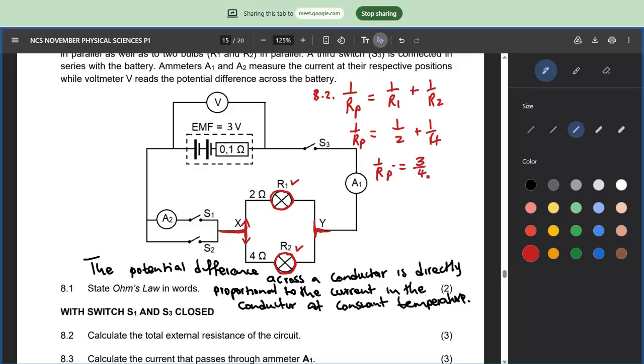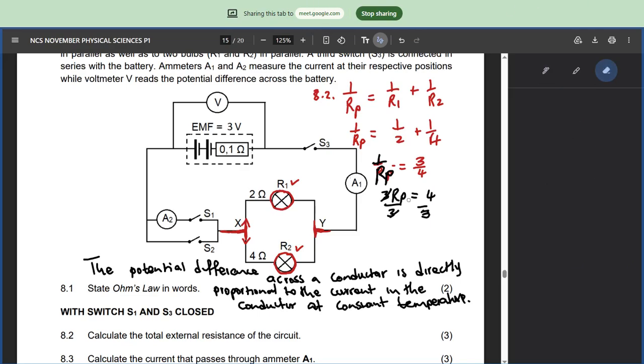Okay. Leave it in fraction, because look at this. We are looking for the RP, not 1 over RP. Then that's when you can cross multiply. RP times 3, that's 3 RP, which is equal to 4, 1 times 4 is 4. Therefore, you divide both sides by 3. So your RP is just 4 over 3. But you don't have to go through all that trouble.